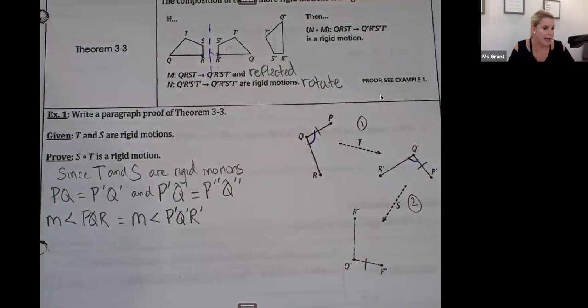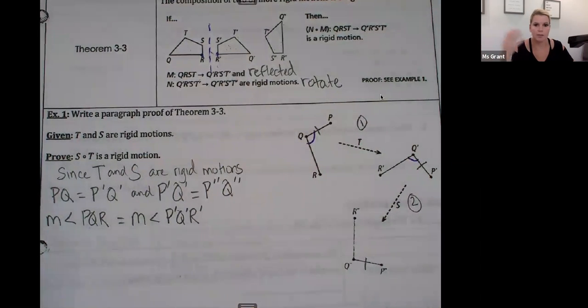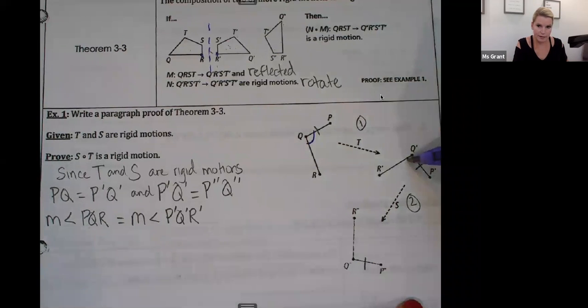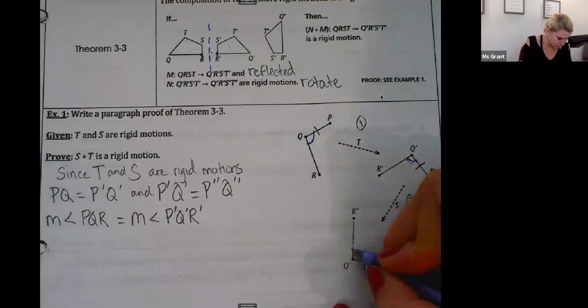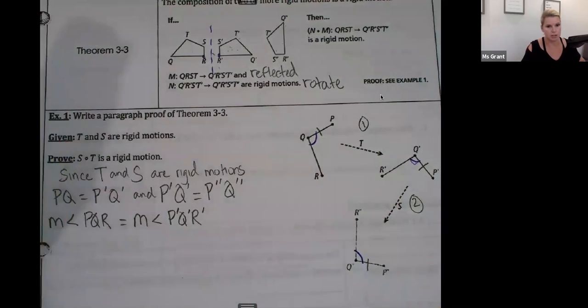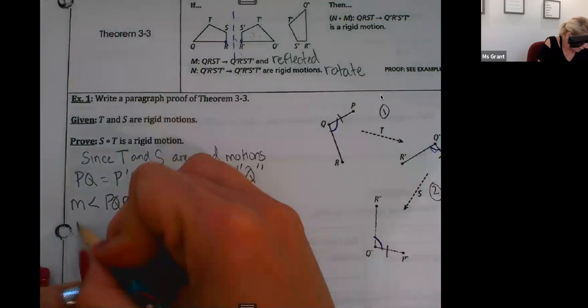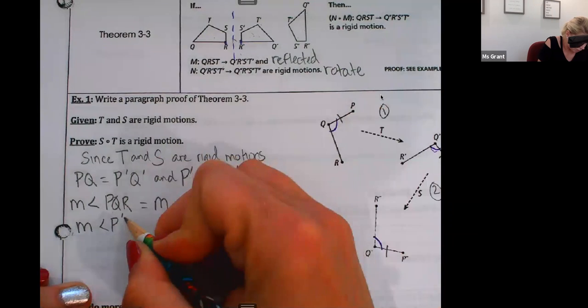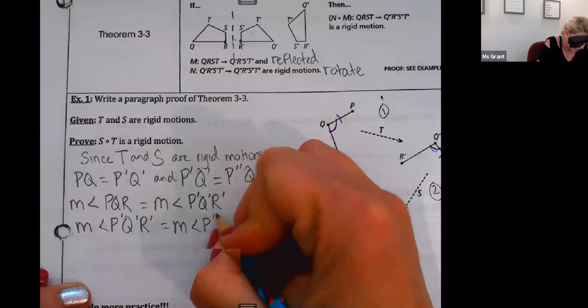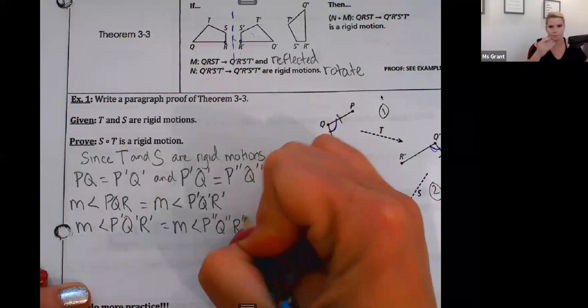They're both obtuse. If I had a protractor, I could measure it out. Then, what else? Well, this angle right here, Q prime, that's the same as this one here too, because again, I didn't change the overall look of the image. The measure of angle P prime Q prime R prime is the same as the measure of angle P double prime Q double prime R double prime.